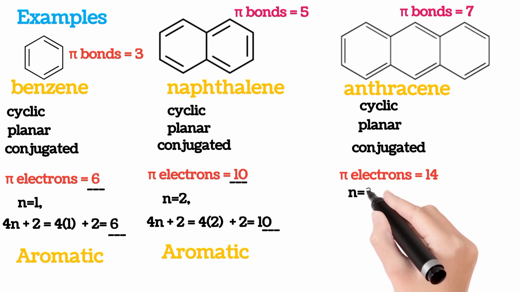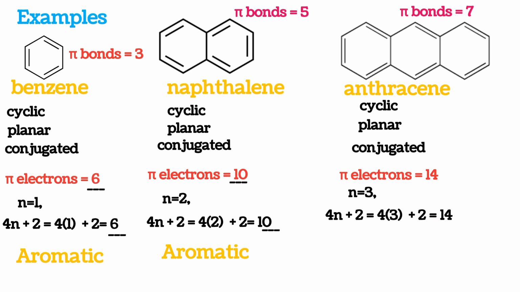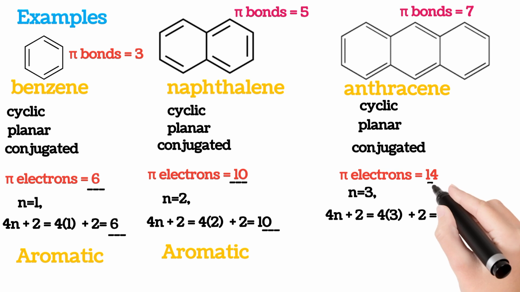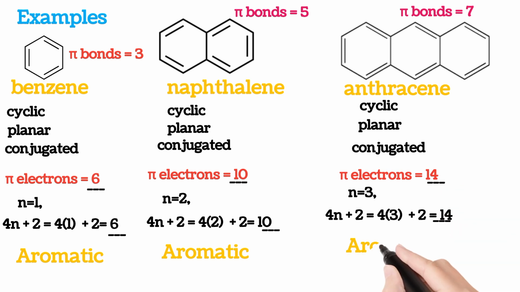Following Huckel's rule of 4n plus 2, if n is equal to 3, now we have 4 into 3 plus 2, which will give us 14. So since the number of pi electrons is equal to Huckel's number of pi electrons, we will say that this compound is aromatic because it is cyclic, planar, conjugated, and has Huckel's number of pi electrons.